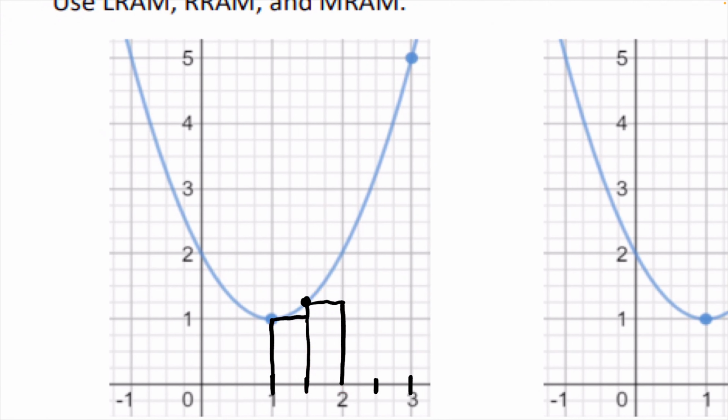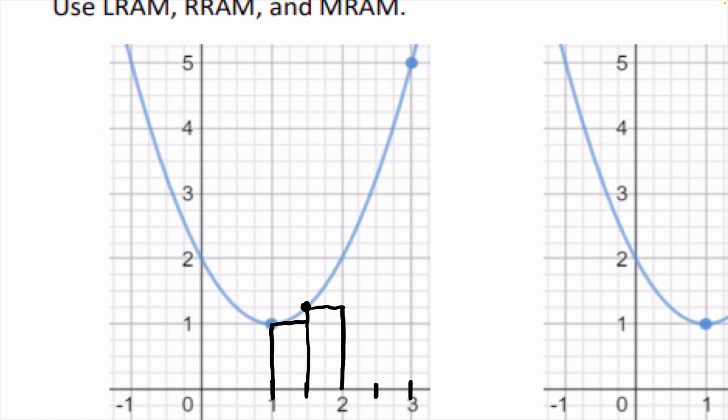Okay. I left off at 2. I'm going to go up until I hit the function, and then go horizontally across till I get to 2.5. So I'm going to go there, over 1/2, come straight down. And one more time. I'm at 2.5.